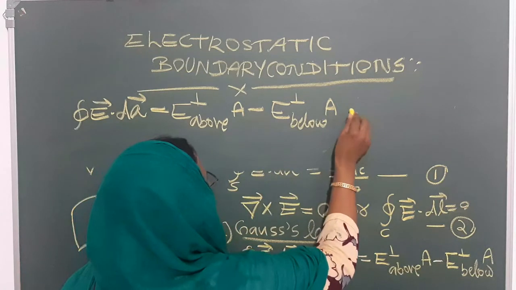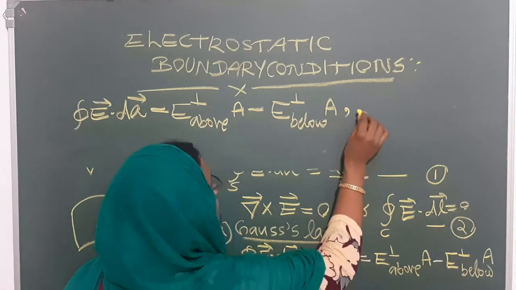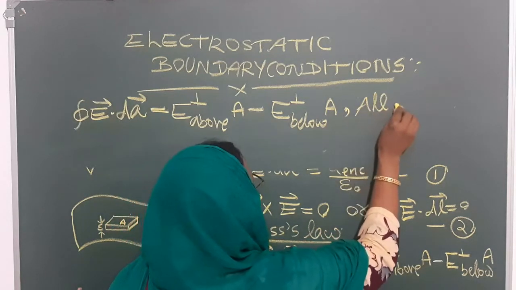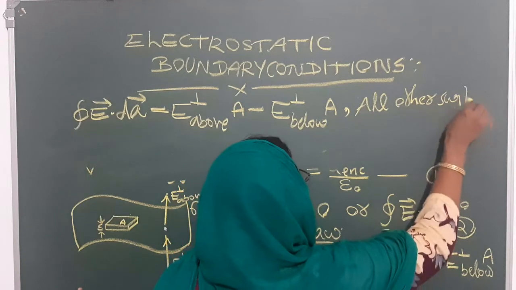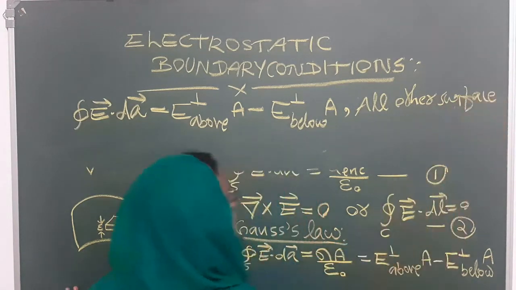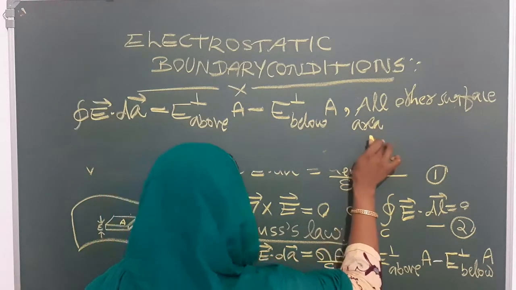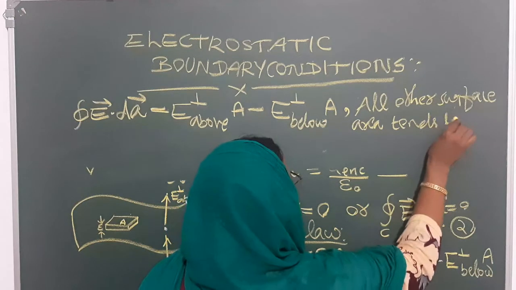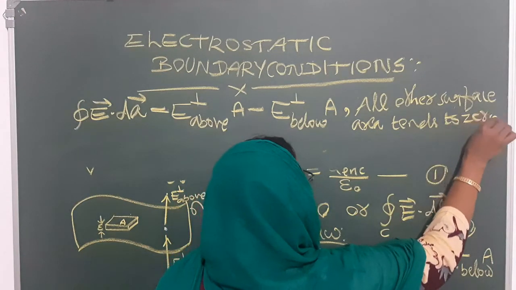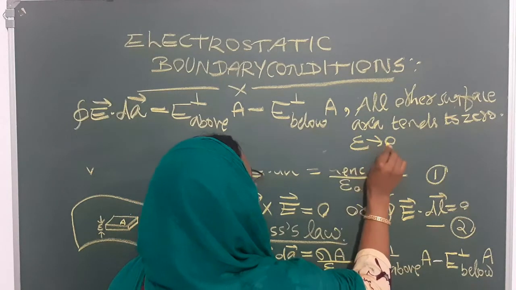I can write here: all other surface areas tend to 0, which means epsilon tends to 0.